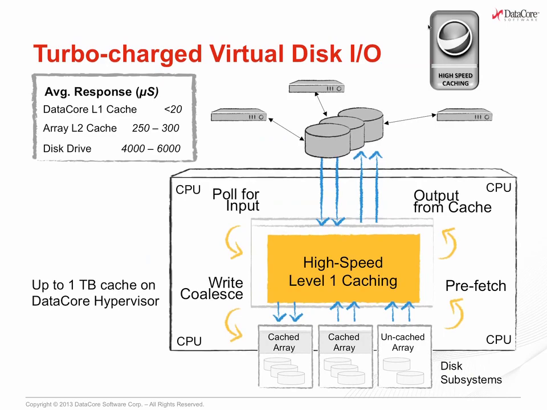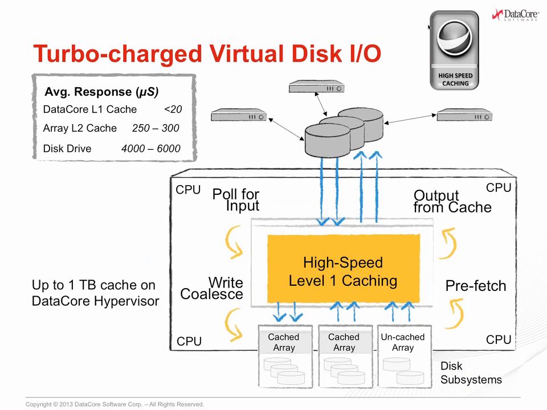On the other side, you've got prefetch read. We are capable of anticipating the next blocks to be read. For instance, if you are reading block number 2, we are capable within DataCore of loading block number 1 and block number 3. So in this case, we are anticipating the read mechanism.